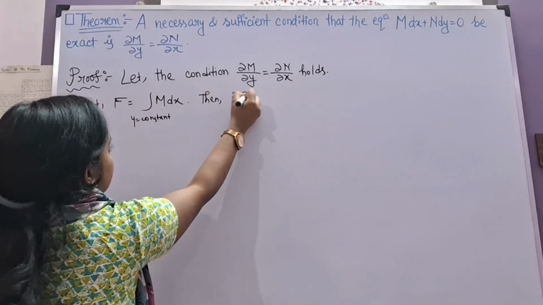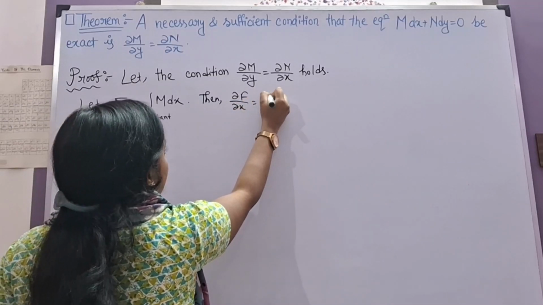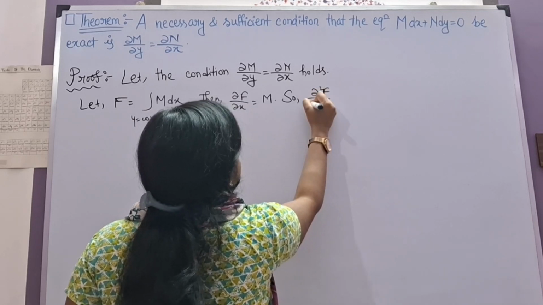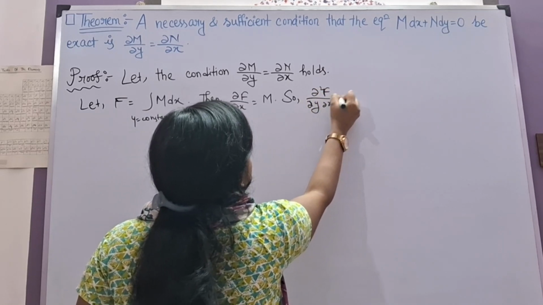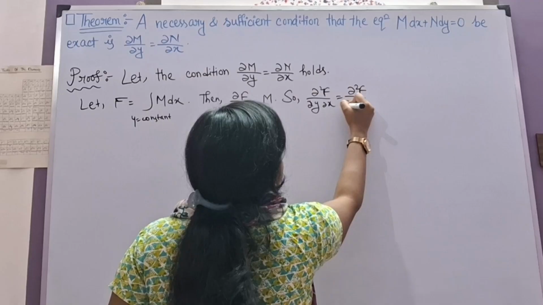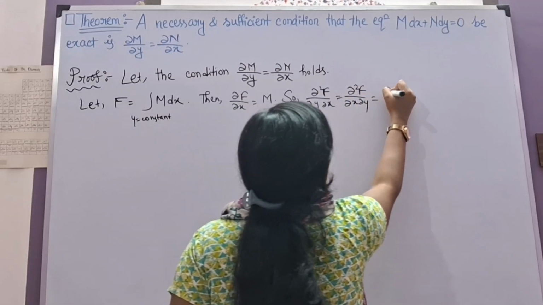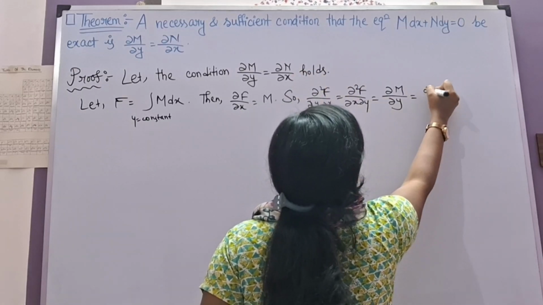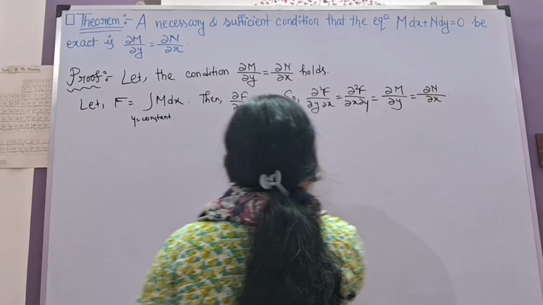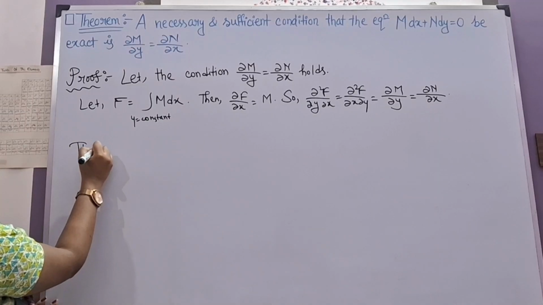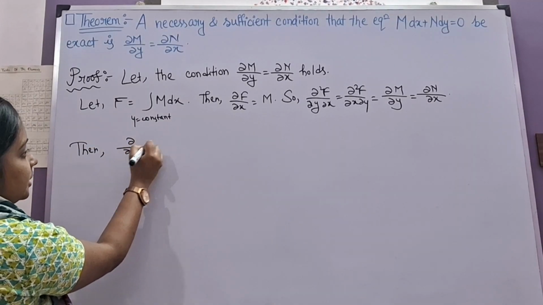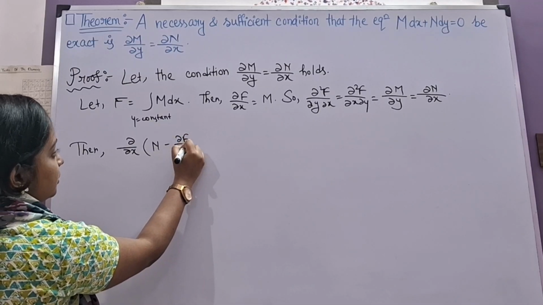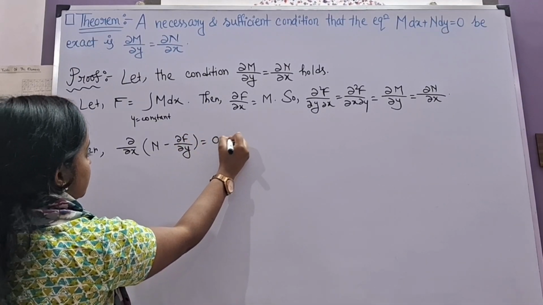Then del F del x equal to capital M. So del 2F del y del x equal to del 2F del x del y equal to del M del y, and by this we can write equal to del N del x. Then del del x of N minus del F del y equal to 0.